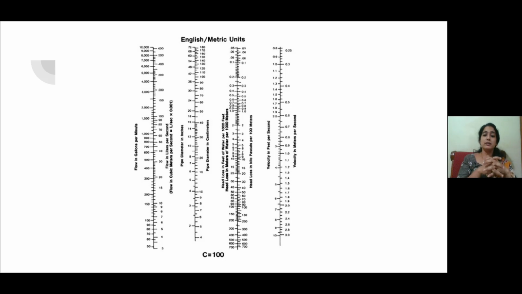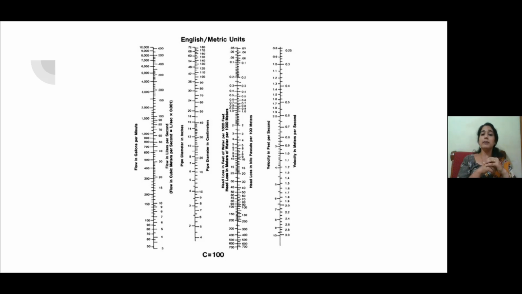And the right hand side shows the head loss in kilopascals per 1000 meters. This is the third scale, right hand side and left hand side. The fourth scale shows the velocity in feet per second, and the right hand side shows the velocity in meters per second. This is the nomogram for C equal to 100.